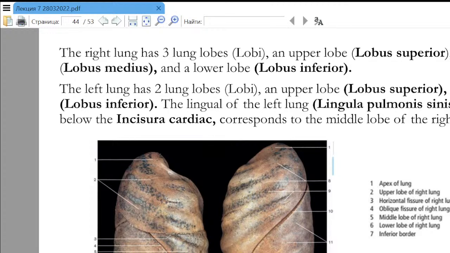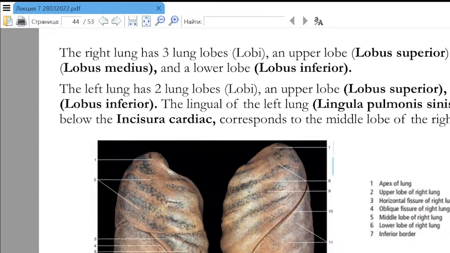The right lung has 3 lung lobes: upper lobe, lobus superior, lobus medius, lobus inferior. The left lung has 2 lung lobes: upper lobe, lobus superior, and lobus inferior.